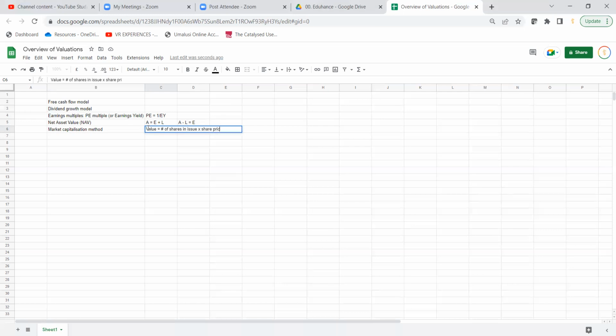Now, why is this not a true valuation? Because what a valuation is trying to do is to use the business numbers and try to come up with what the company is worth. Whereas the market capitalization method is using the share price. The share price is not necessarily what the business is really worth.